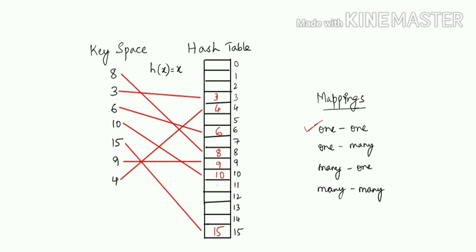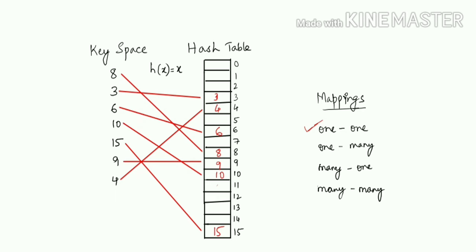So this is the drawback of one-on-one mapping, that is, keys should not be repeated, there should not be any duplicate keys, and spaces are wasted. If one of the keys is 99, you will have to use 99 spaces. So that is the drawback of this.